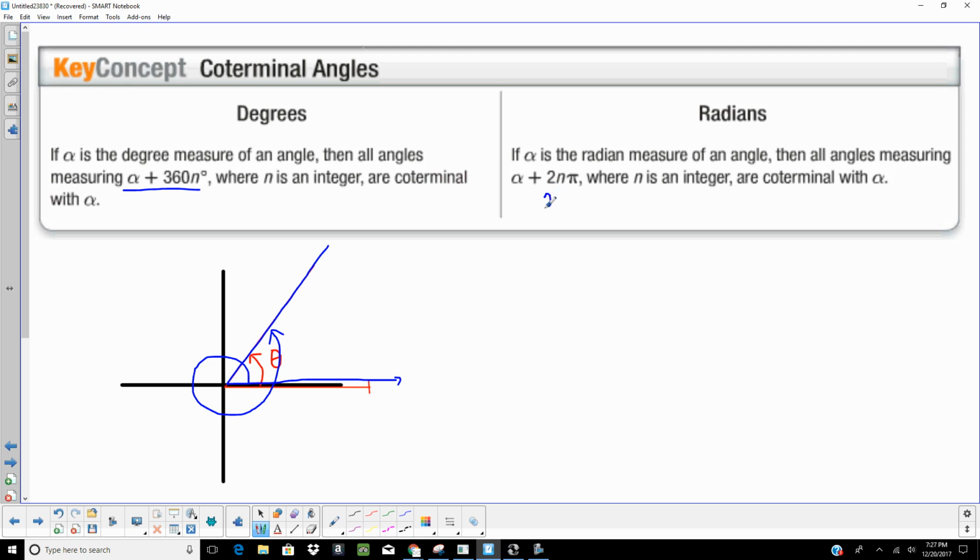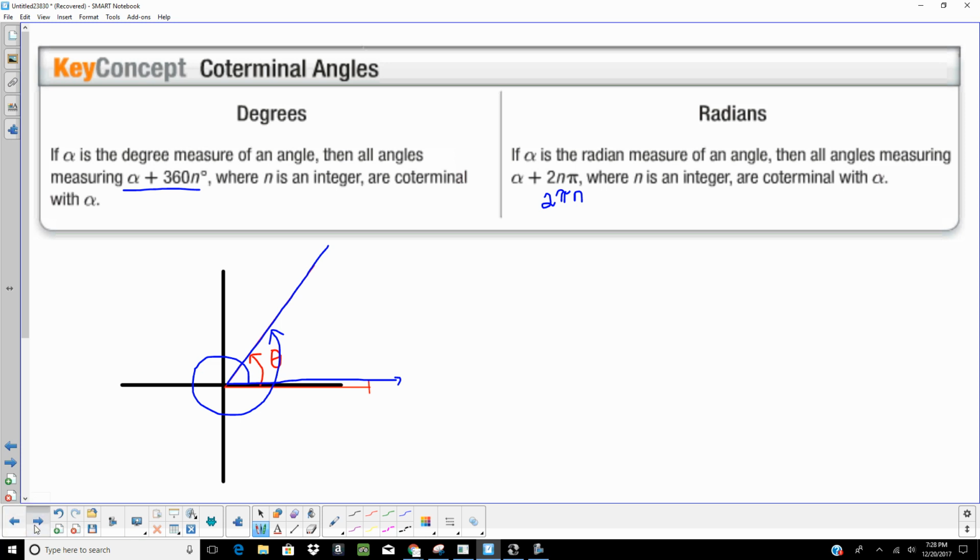I personally think of it as 2 pi n. It doesn't really matter because it's all multiplication, but I think of that 2 pi as a rotation and the n as the number of rotations. If n is positive, I'm going counterclockwise. If n is negative, I'm going clockwise.